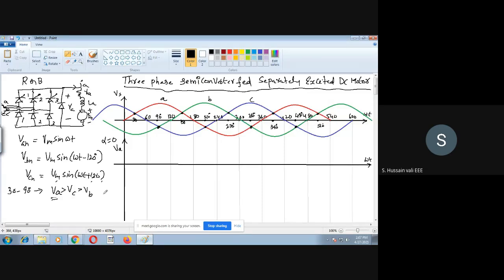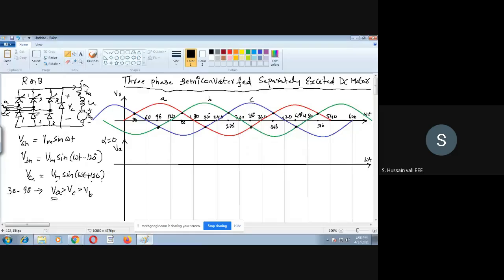Okay. So if that is the case, say for example, A is connected here at 1, B is connected to 2, C is connected to 3. I hope you remember the operation of the semiconverter or full converter: you have 6 switches.